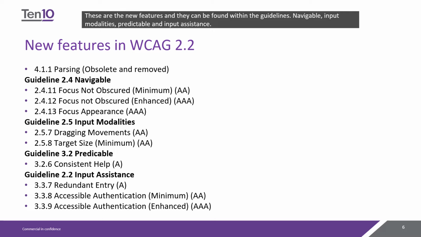So navigable, input modalities, predictable and input assistance. As you can see, there are some AA, AAA and A level requirements that have changed. And there is the parsing that's now become obsolete and removed, but these will be shown in a bit more detail about how you could test these.